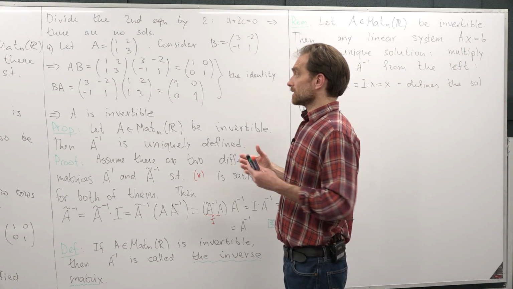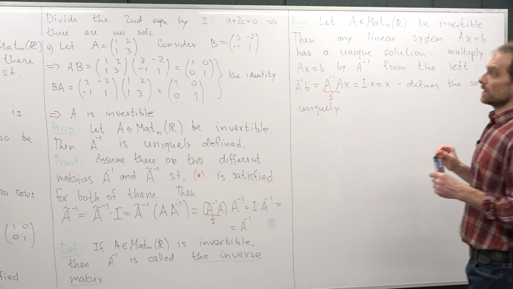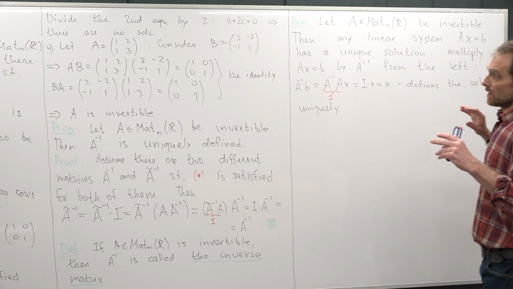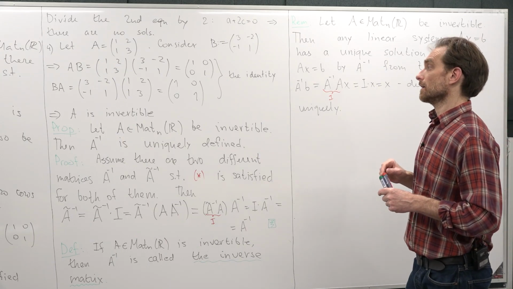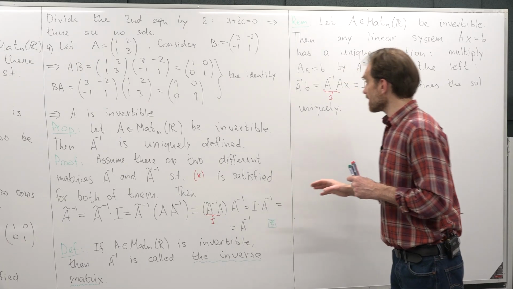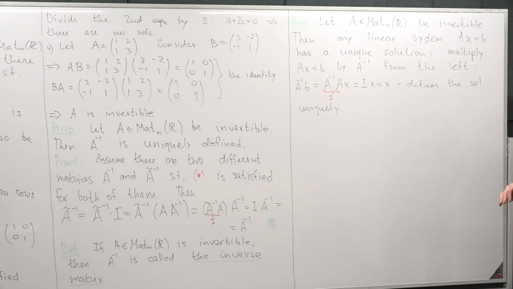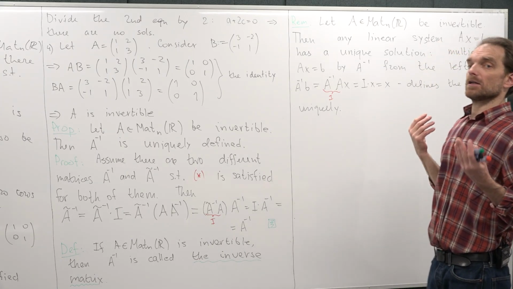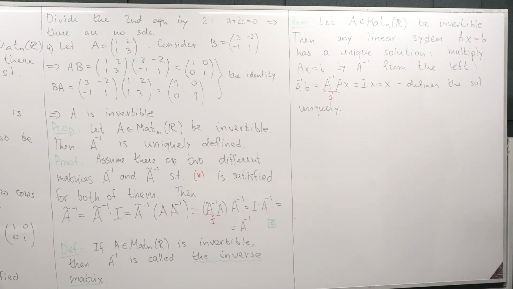So just to sum up everything, we defined the invertible matrix, and we proved that if a matrix is invertible, then the inverse is uniquely defined, and in this case, any system having an invertible matrix as its matrix of coefficients has a unique solution.